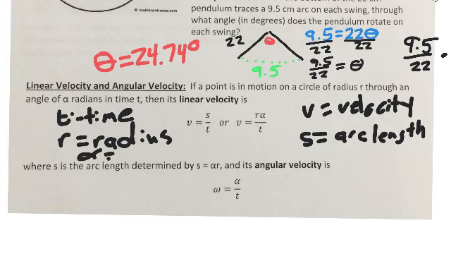And alpha is the angle. Okay, and then just make sure we remember this again. Alpha is in radians. Our angle is always in radians. We can't multiply that if it's in degrees.